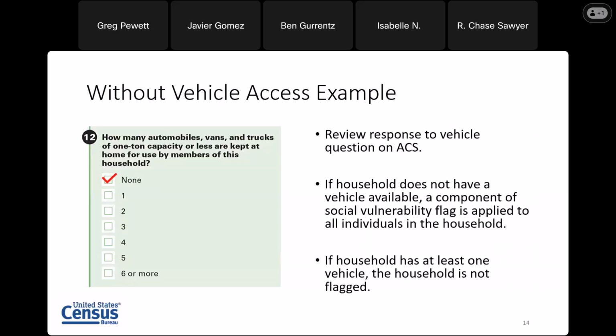Here we have question number 12 from the American Community Survey, which deals with access to vehicles in the household. CRE reviews the response to the vehicle question on the ACS. If a household does not have a vehicle available, then a component of social vulnerability flag is applied to all the individuals in the household. If at least one vehicle is available, then the household is not flagged.